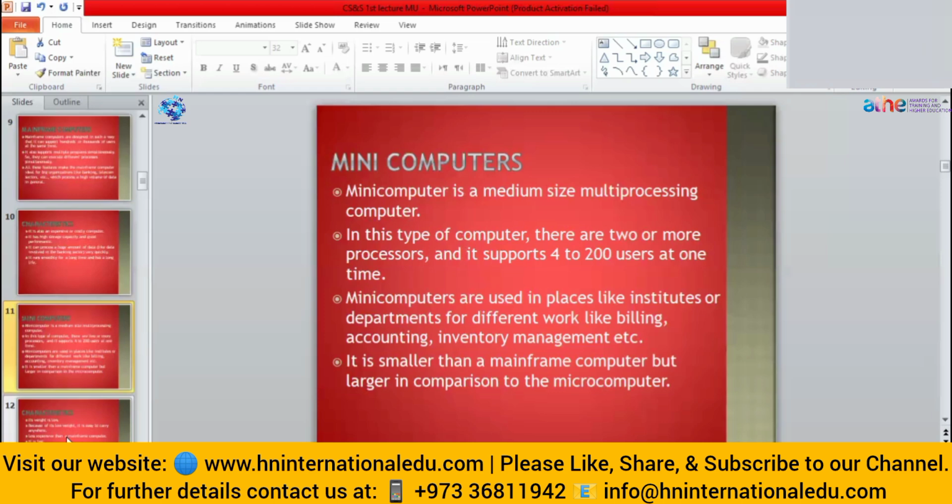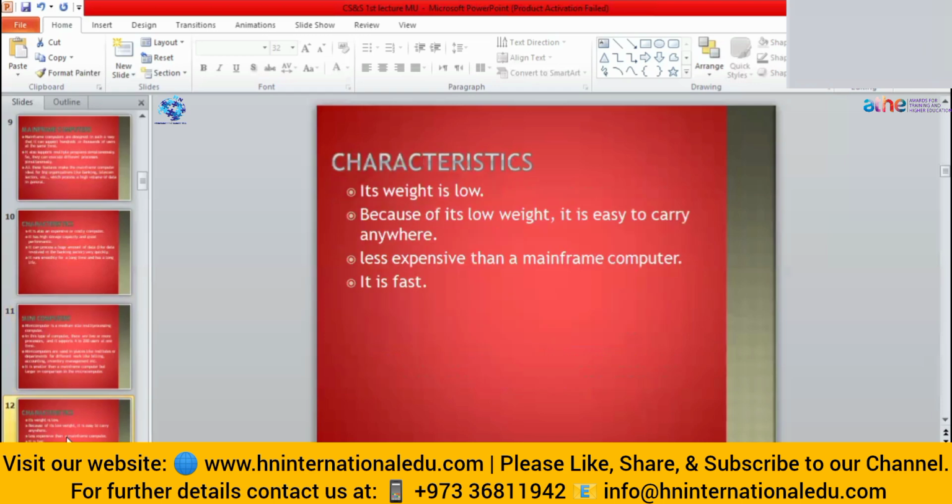Minicomputers are used in places like institutes and departments for different work like billing, accounting, and inventory management. For example, in our main banking environment we utilize the mainframe computer, but at branches we can utilize minicomputers for our networking purposes. They are smaller than the mainframe computer but larger than microcomputers, which are the personal computers.